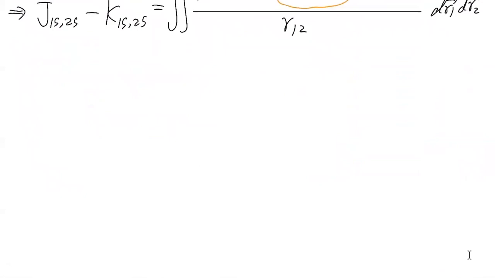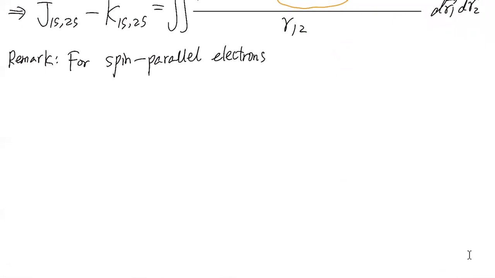So I should put a remark here. For spin parallel electrons, we have this exchange integral between these two alpha electrons or between these two beta electrons. And this integral, of course, is bigger than 0, okay?